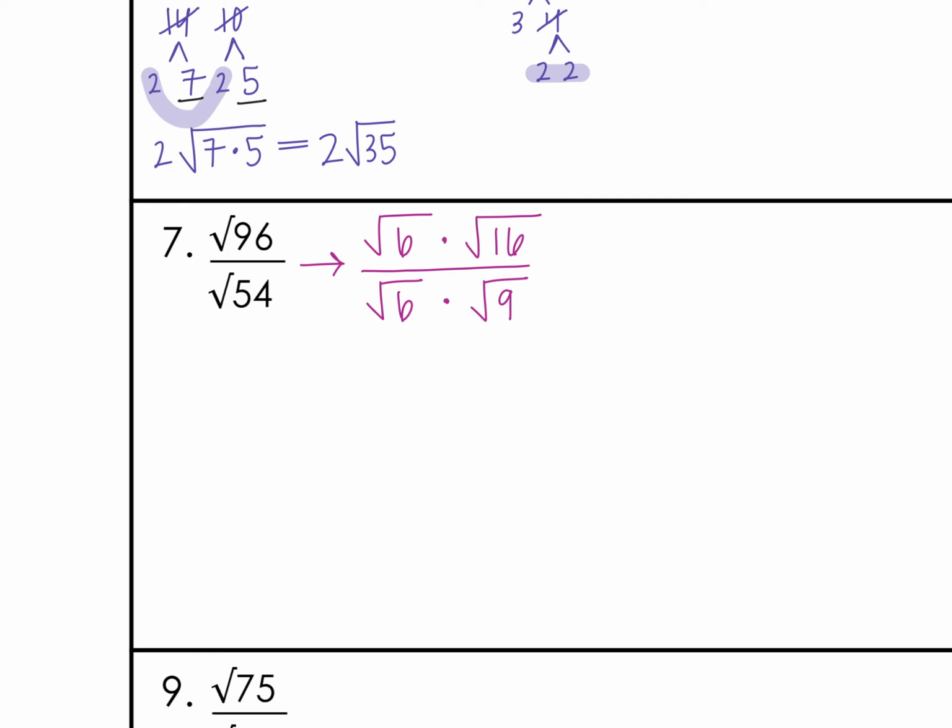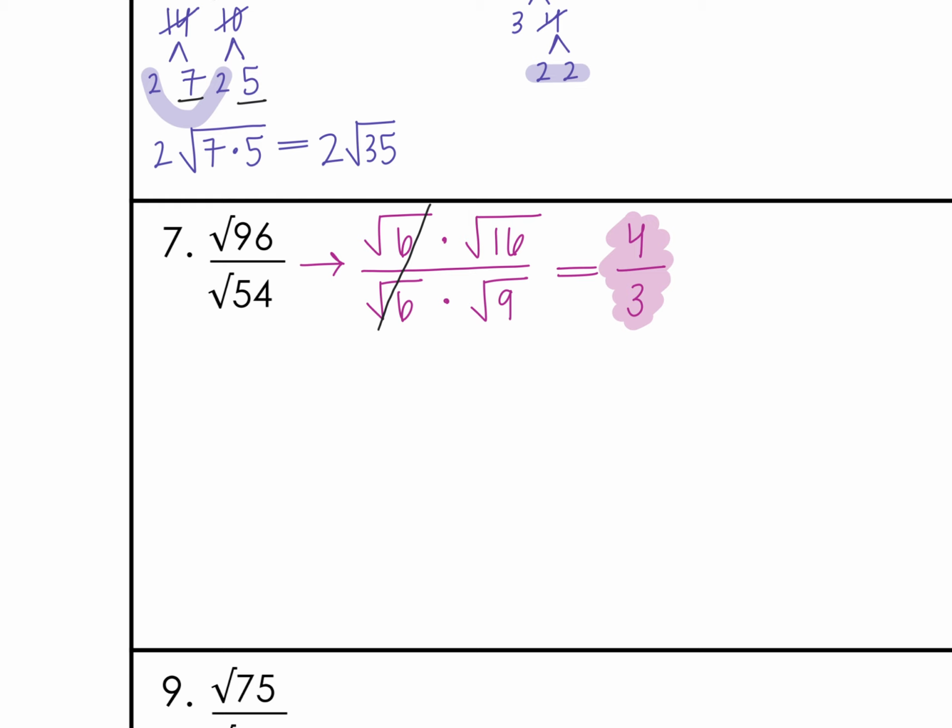The reason I'm showing you this way is that if you see that the square roots have a common factor, you can write it out like this, and then these two will cancel out, and you just have the square root of 16 divided by the square root of 9. Well, we know that the square root of 16 is 4, and the square root of 9 is 3. And that right there is my answer for number 7.